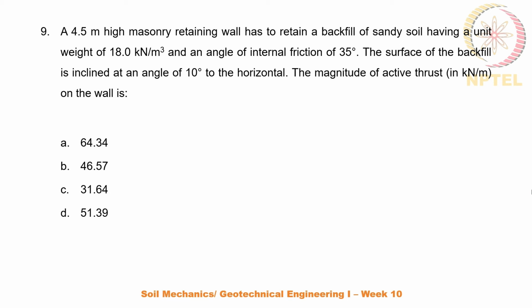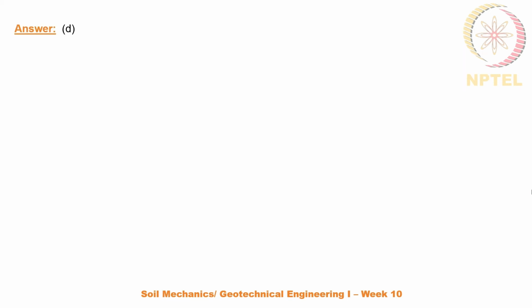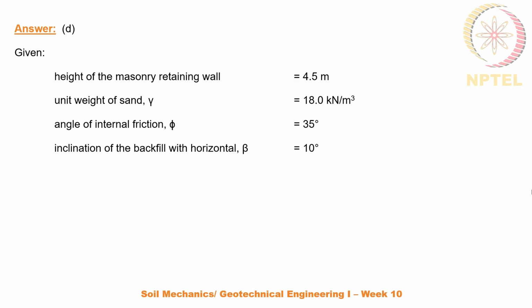Only thing is here we need to determine the magnitude of active thrust. Okay, I have got one answer in the chat box as option D. So, yes, the correct answer is option D.